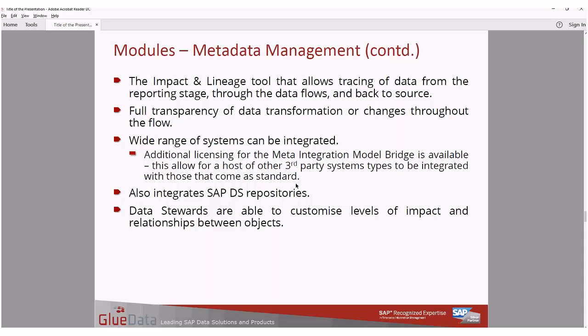Okay, so you can expand this, and these do not have to be systems that you are using with Data Services and Information Steward necessarily for your profiling and validation. This can be your entire organization. All the systems are basically mapped in Metadata Manager.